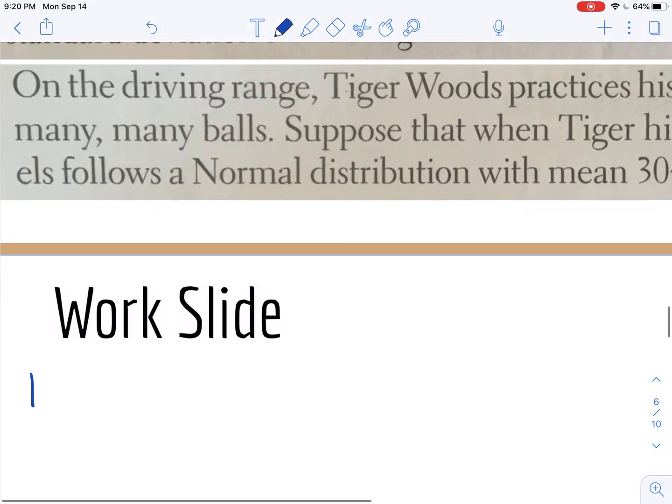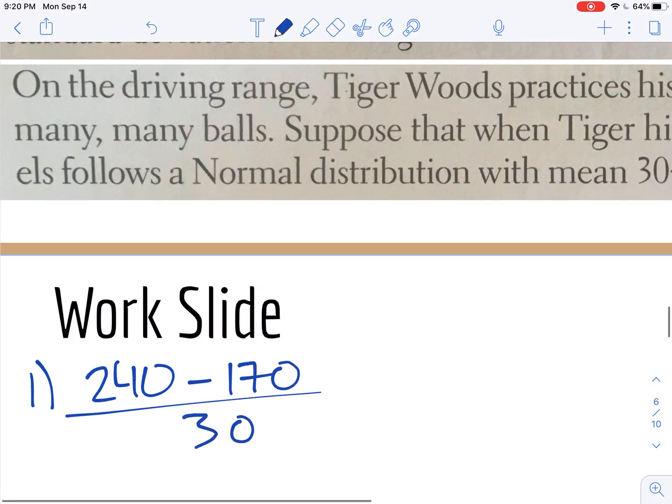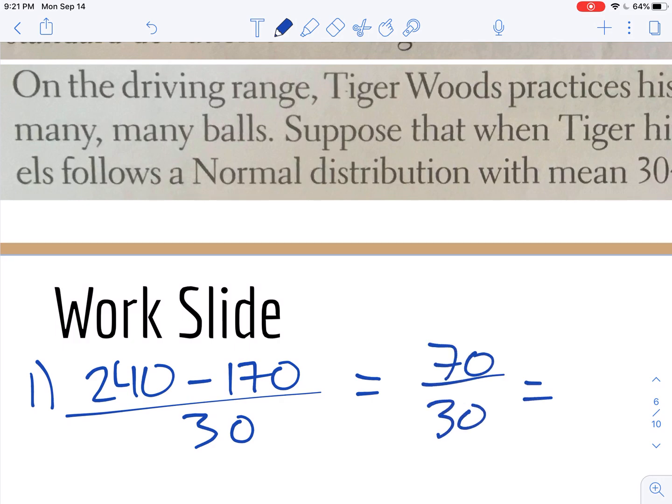So for number 1, I'm going to do 240 minus 170 over that standard deviation of 30. That's going to give me 70 over 30, and 70 over 30 will give me a z-score of 2.33.